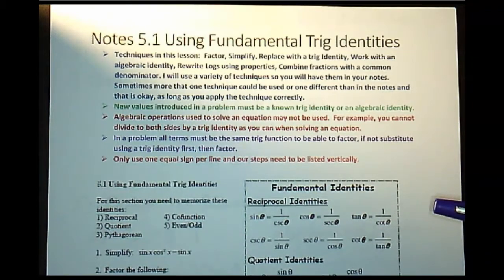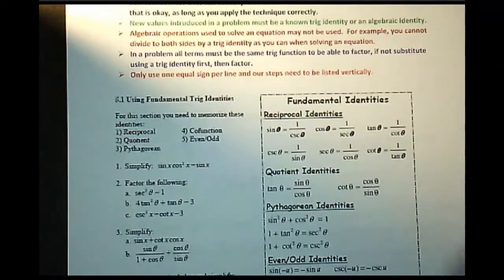In a problem, all terms must be in the same trig function if you want to be able to factor. If they're not all in the same trig function, then you use an identity, make a replacement, and then you should be able to factor. You're only going to use one equal sign per line, and our steps, as always, should be running vertically, not side to side.